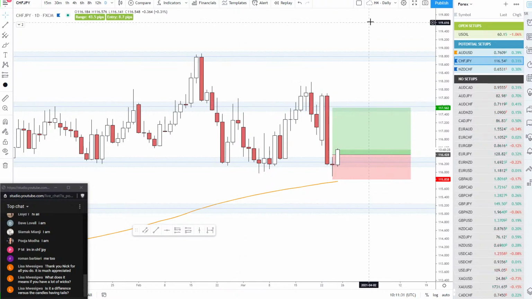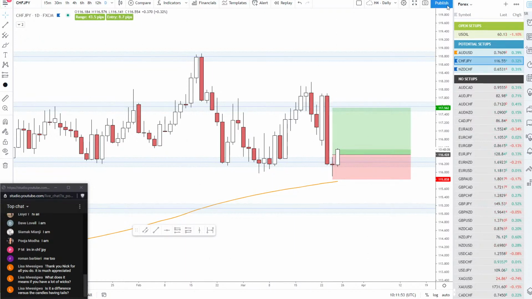I'm not sure what you mean by tails, but as far as I remember, tails is just another name for wicks. When a candle has long wicks, it doesn't really mean anything. It just means the high and low.